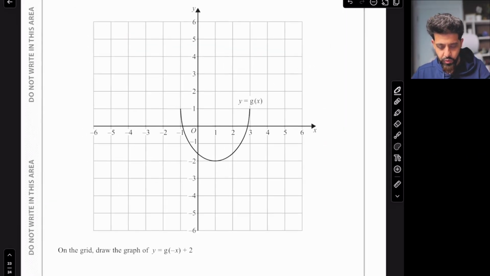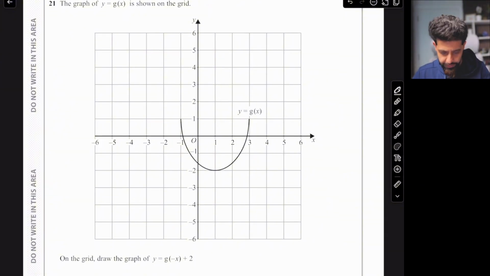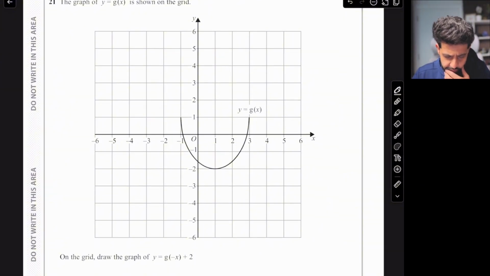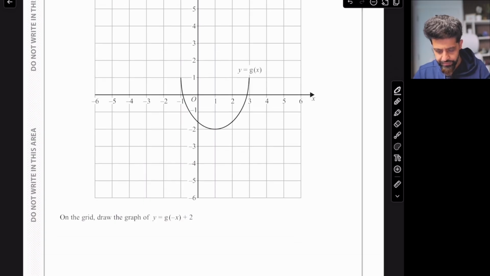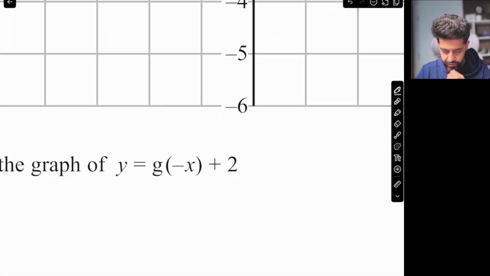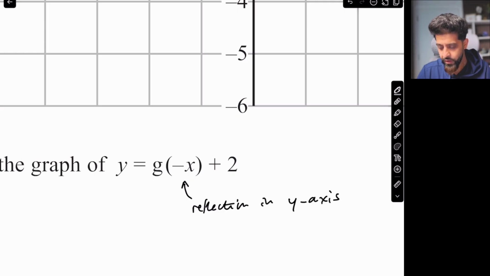Okay, question number 21. We have the graph y equals g of x shown on the grid. On the grid, draw the graph of, so it's a minus there and a plus there. So let's look at what happens to this shape in transformation terms. This means it's a reflection in the y-axis.